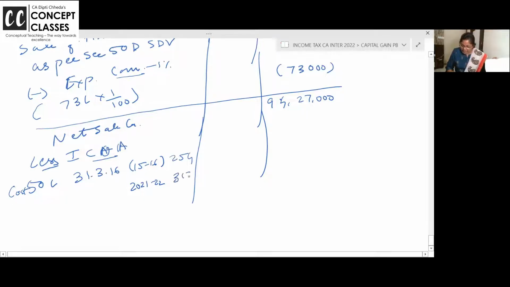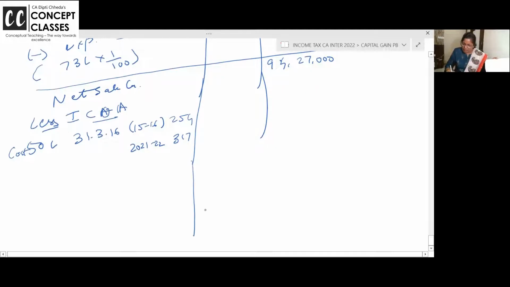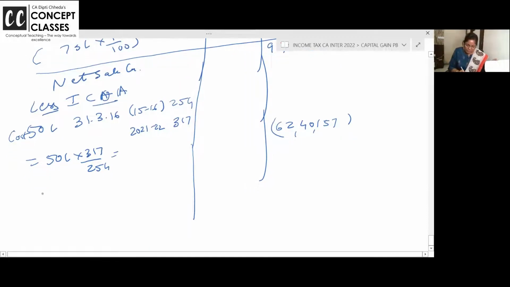And this is 317. 254 has become 317. 50 lakhs has become how much? 50 lakh into 317 divided by 254. 62 lakh 40,157 is index cost of acquisition.